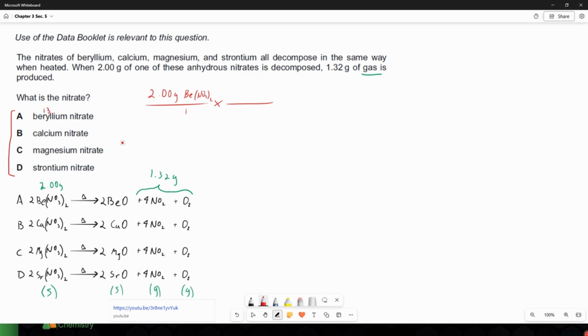133.0 grams of, and I might just use quotation marks to say beryllium nitrate, is 1 mole of beryllium nitrate. Now, we know 2 moles of beryllium nitrate, according to our equation down there, is equal to 4 moles of NO2.